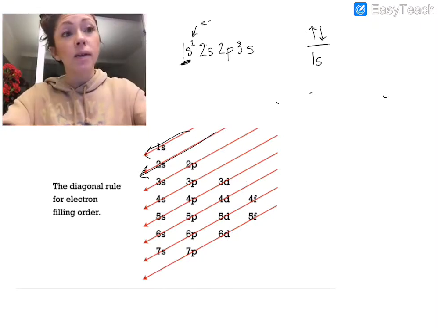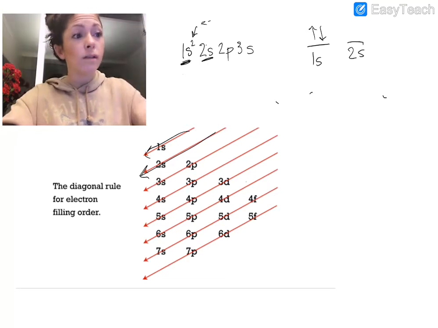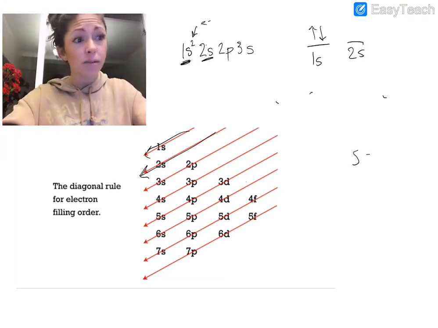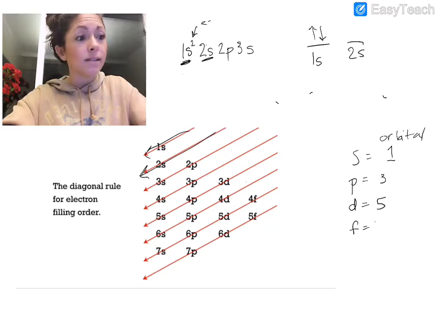And in 2s, same thing. 2s is just 1 orbital. Remember, if it's an s sublevel, it's got 1 orbital. If it's a p, it has 3 orbitals. If it's a d sublevel, it has 5 orbitals. And if it's an f sublevel, it has 7.